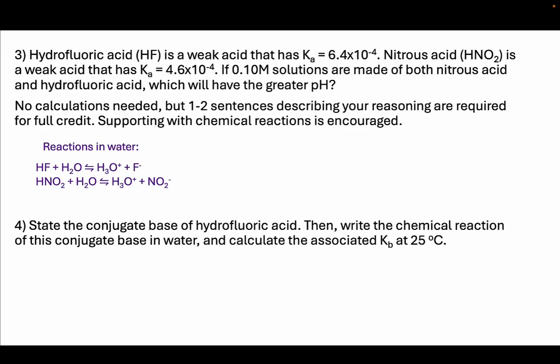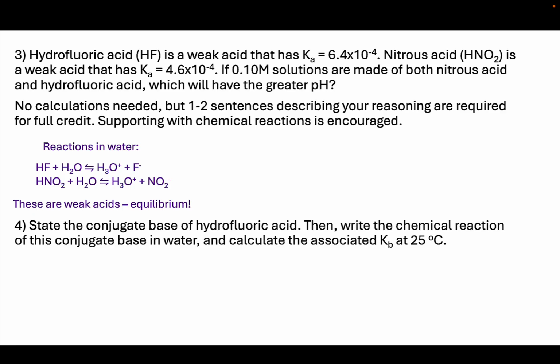We have HF, hydrofluoric acid, and with water, it does an equilibrium reaction to form the hydronium and the F minus. So very similar to the HBr reaction, except now we have equilibrium, partial dissociation. That HF mostly stays associated, with only a fraction turning into F minus and H3O plus.